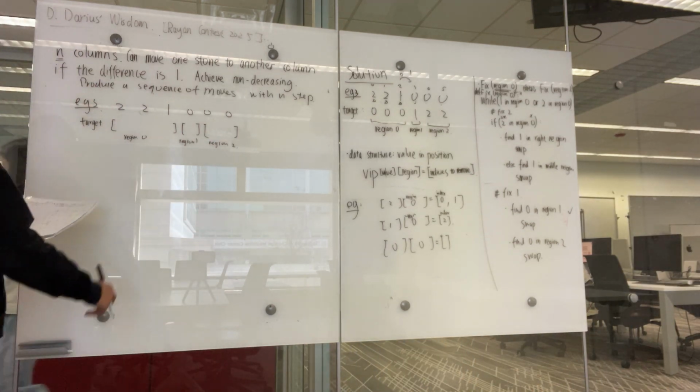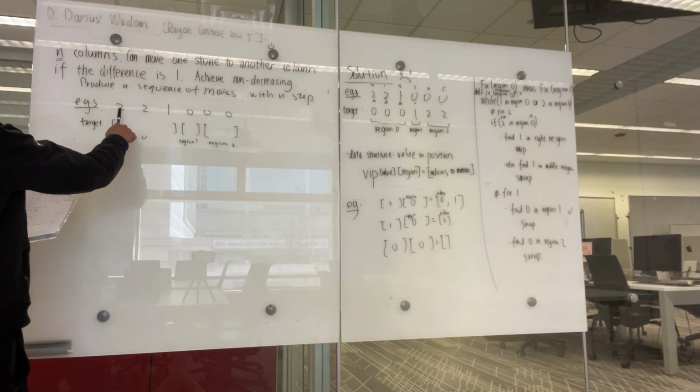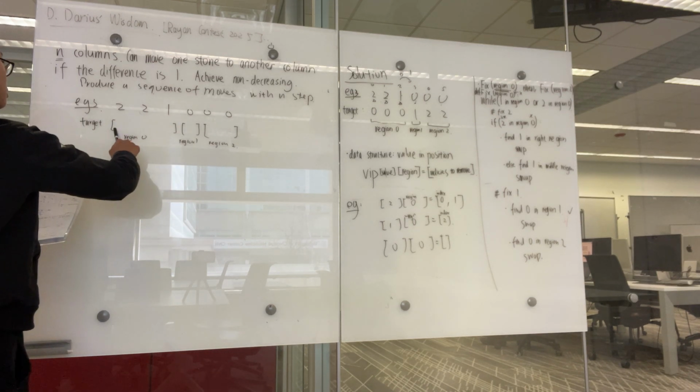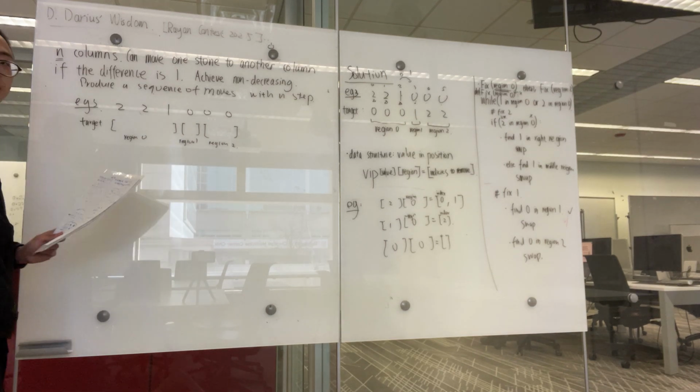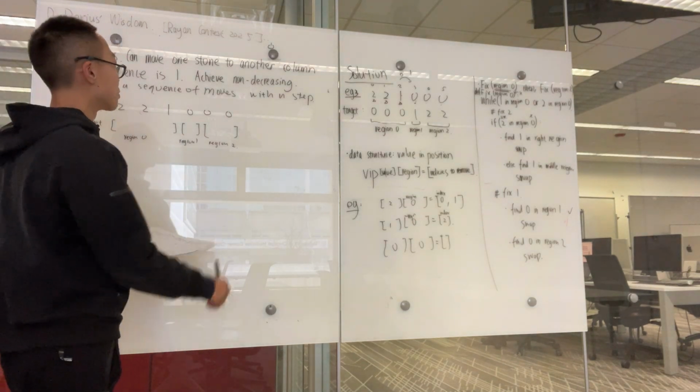So is the goal clear? We want to move the 3 zeros into the first region, 1 in the middle, and 2 in the right region. And how to produce the sequence of moves?